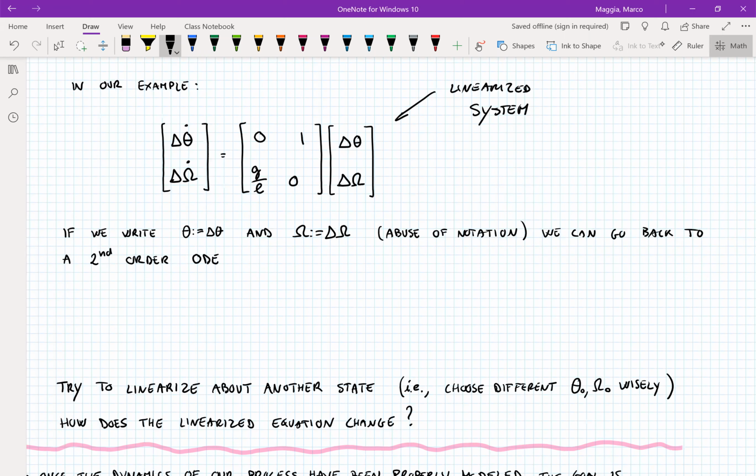So now we can go back to a second order ODE, following in reverse step number 1. And we find that our linearized second order ODE is theta double dot minus g over L times theta equal 0. This equation is obviously still second order. The order does not change, but now it is linear because we don't have sine of theta anymore. We have theta itself.